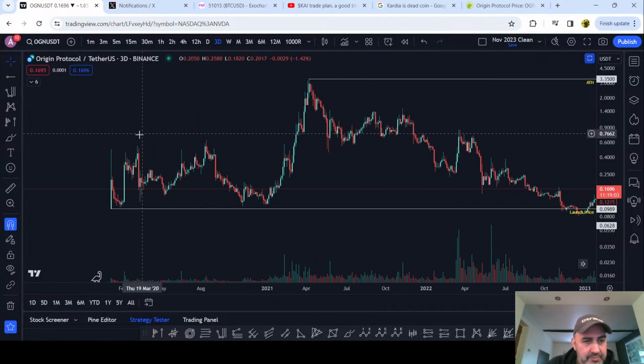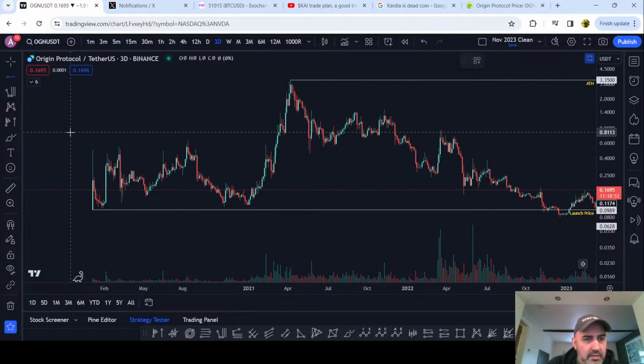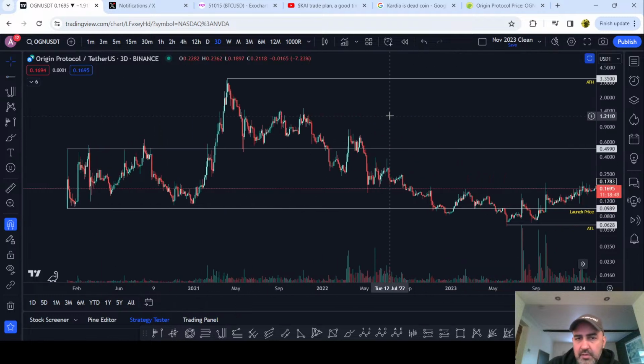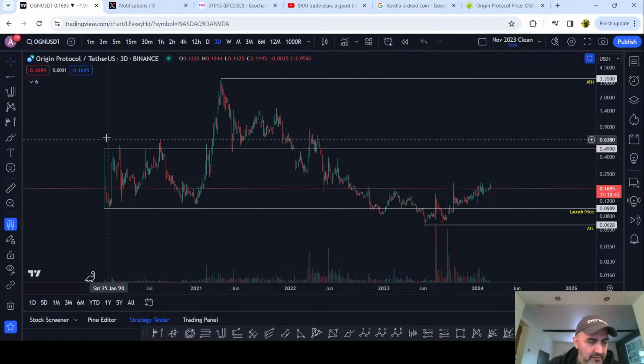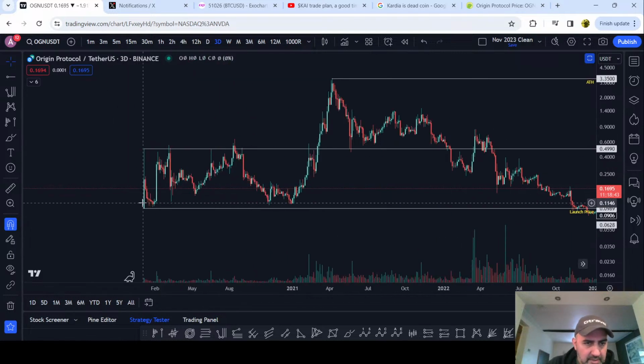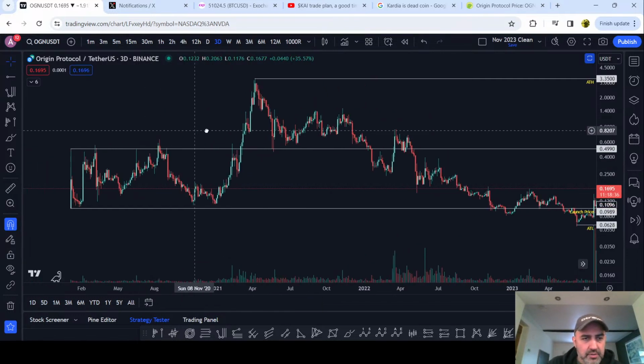Let's just have a look at this price action. Launched, consolidate, consolidate, consolidate. You have a bit of an SR flip just on that launch price, on that first candle that created a kind of range.